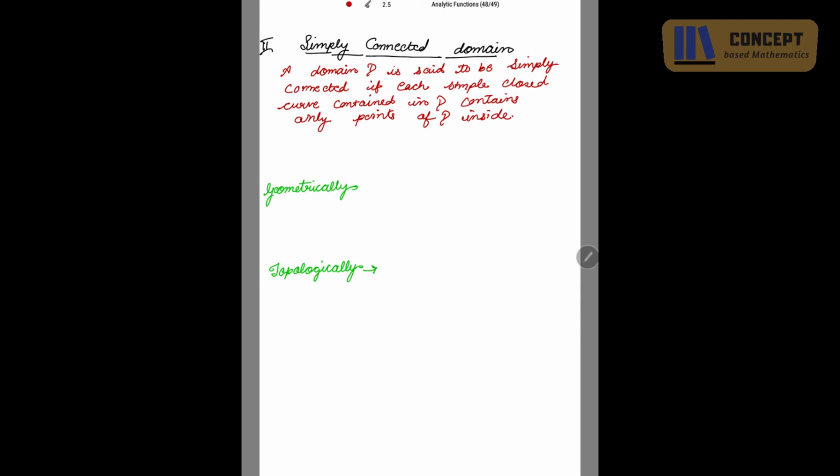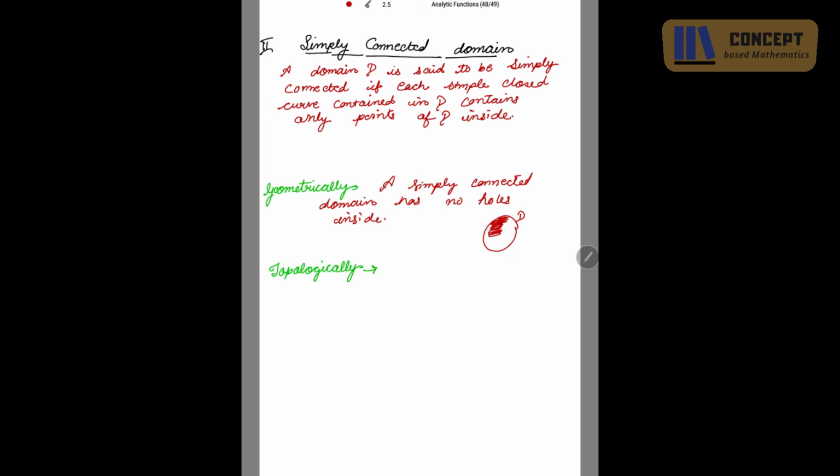All the points of the domain D should be included in it. And if you see the geometric view, then a simply connected domain has no holes inside. A simply connected domain has no holes inside. Like this, if you have the simply connected domain D, it should cover all the points.